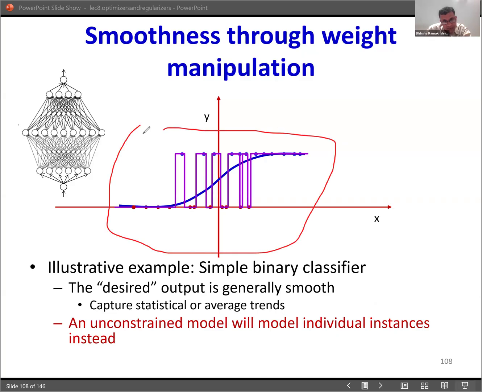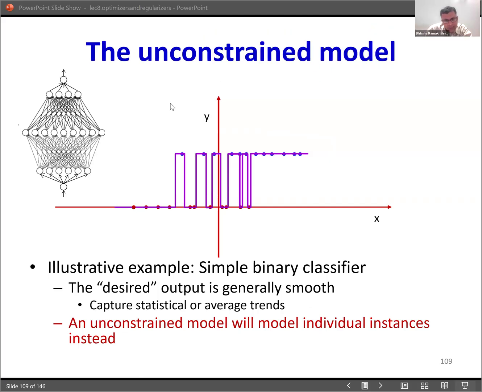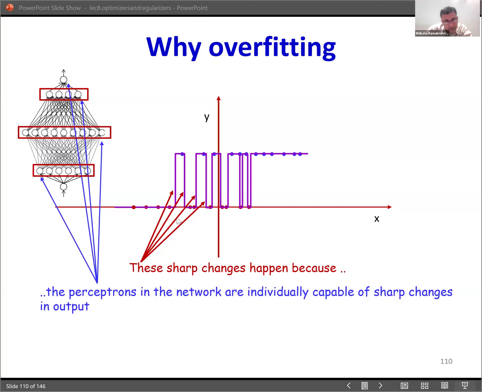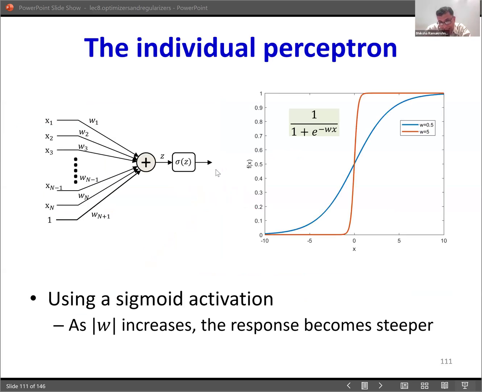Is this making sense? Right. And so you want to prevent this. Now, why is it possible for the network to learn this purple curve? That's because the network is able to learn these really sharp rises and falls. And that has to do with the activation function we use. Let's say I was using a sigmoid activation function.